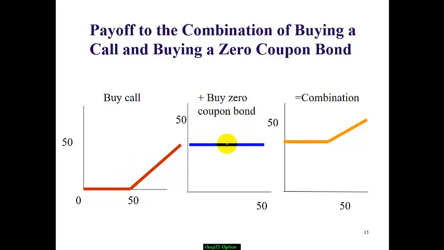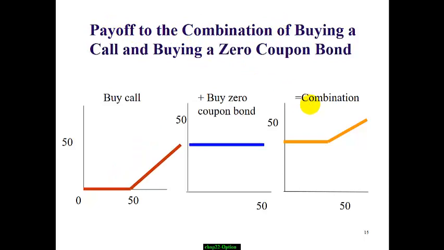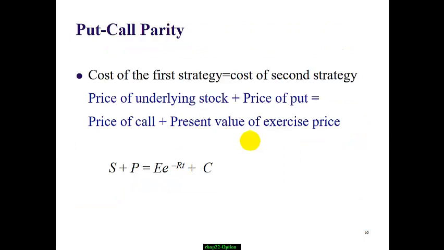If you put them together, as you see, it's shifted and has an identical payoff to the one through the protected put. So now imagine I promise to always pay you the same amount of money in the future if you buy A or B. Then how much are you willing to pay for strategy A or B today? Right? If they promise the same amount of cash flow in the future, same thing, right? Same thing.